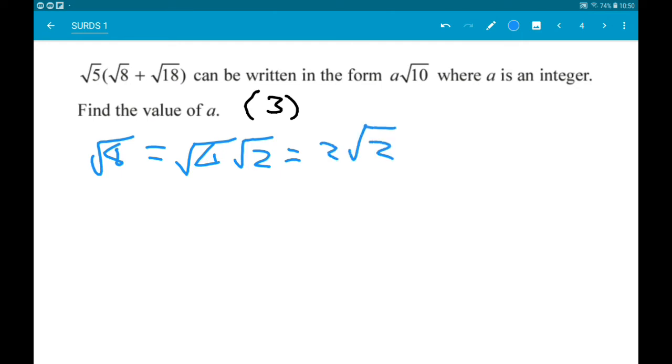Root 18 is root 9 root 2, which is 3 root 2.